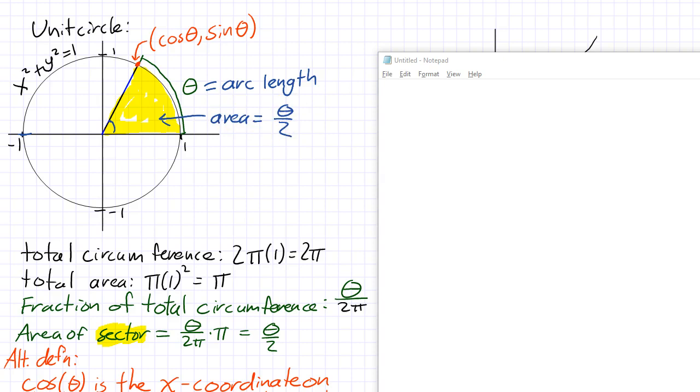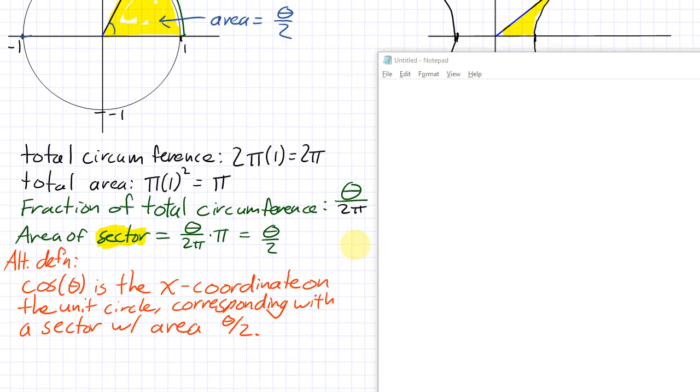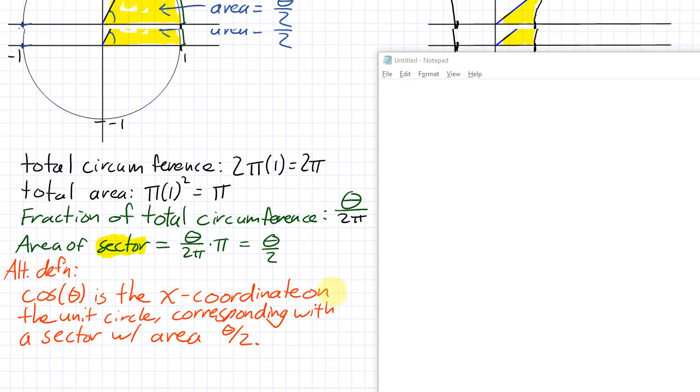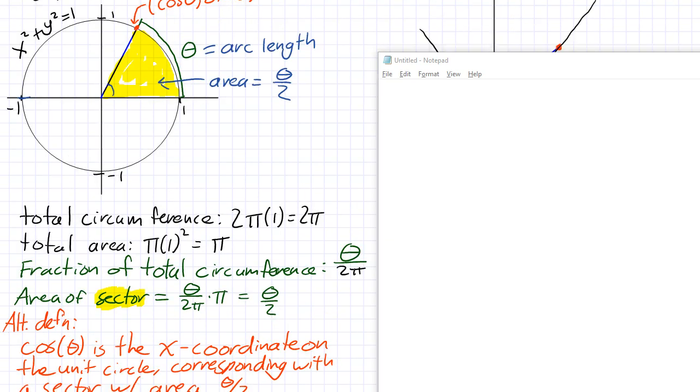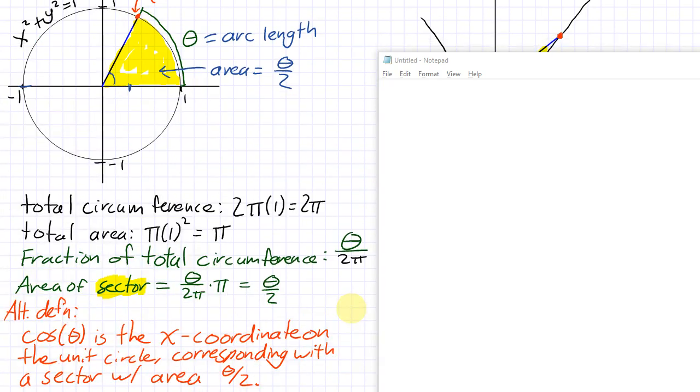So it turns out you can give this alternate definition of cosine and sine. You could say that cosine of theta is the x-coordinate here. The x-coordinate is cosine of theta on the unit circle, corresponding with a sector with area theta over 2.